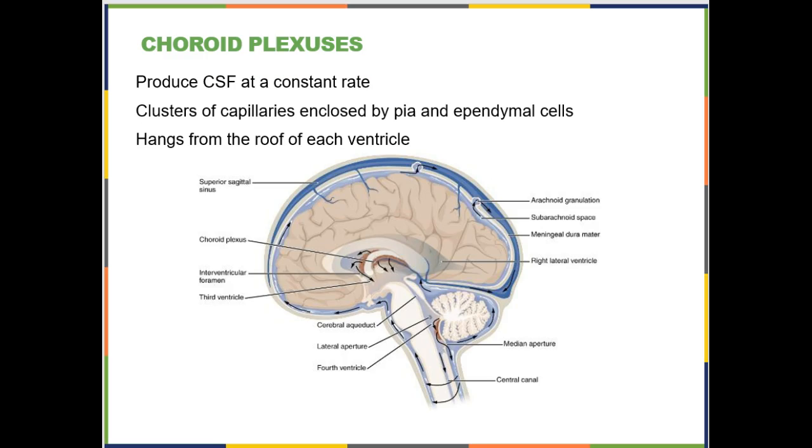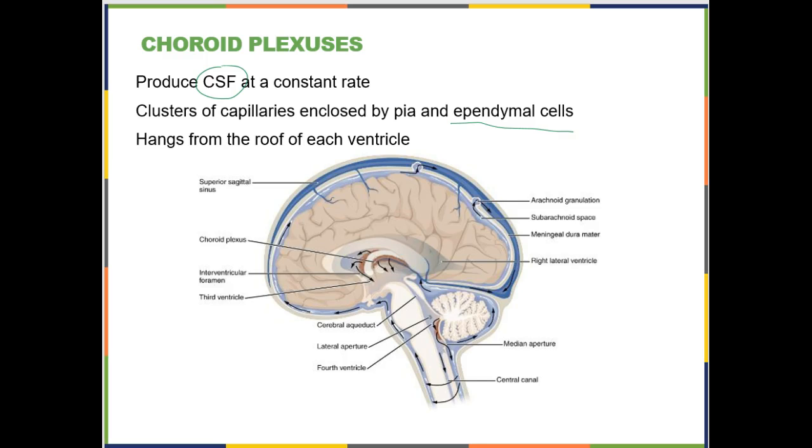Moving right along, choroid plexus. This is where your cerebrospinal fluid comes from. So it produces cerebrospinal fluid. We did say that cerebrospinal fluid is produced by ependymal cells, so they are part of the choroid plexus.